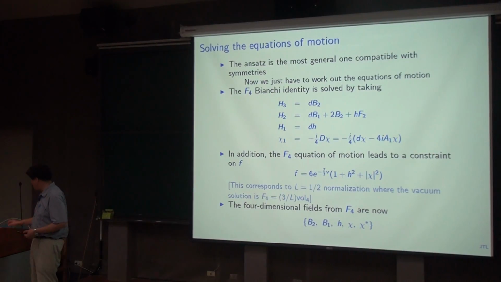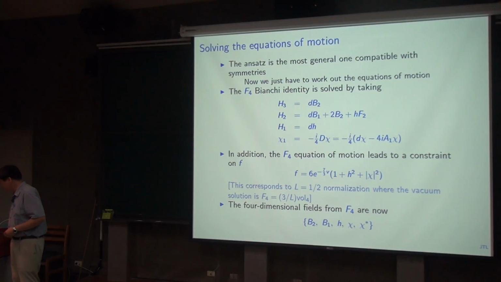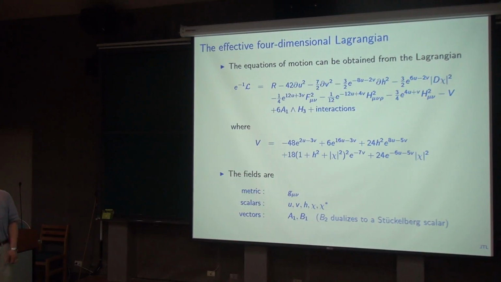And the somewhat hard work is to organize all this information, things like that, into an effective Lagrangian. It turns out the Lagrangian looks kind of like that. I didn't write down all the interaction terms here. But the Lagrangian written over here gives you four-dimensional equations of motion.